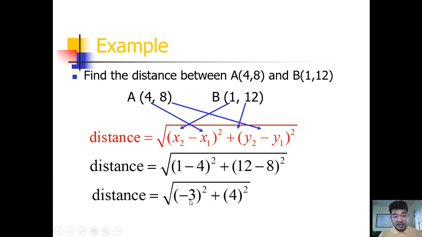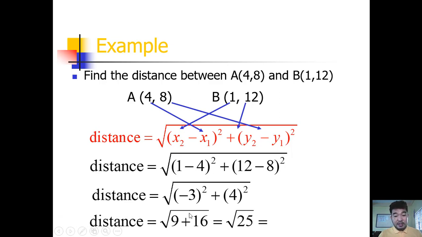1 minus 4 is negative 3 squared plus 12 minus 8 is equal to 4 squared. So you will be having negative 3 squared is 9, and then 4 squared is 16. So you will have the square root of 9 plus 16, and that is equal to the square root of 25.